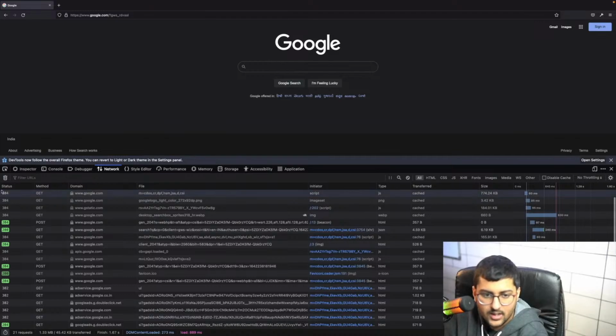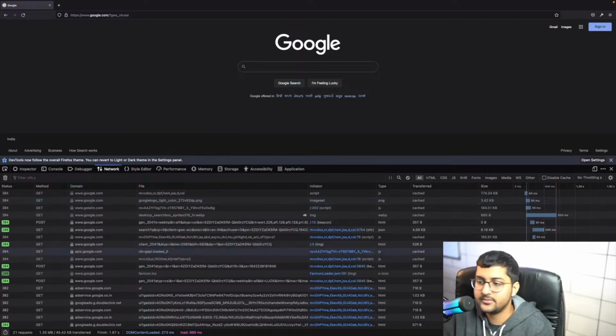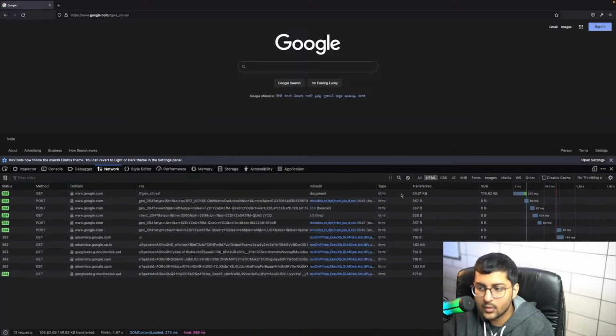What is this domain? What is this initiator? What is this type? And what does this transferred mean? What is this B and KB? What is this size? What are these milliseconds? Everything we will cover. If you want to see all the HTML that we got, we'll cover that too. Okay, so let's do it.